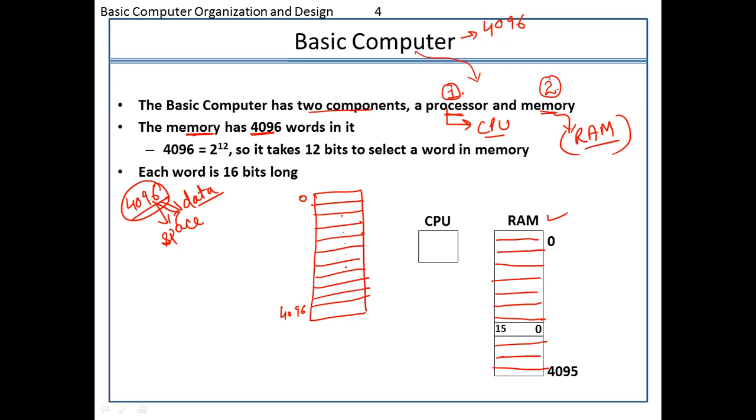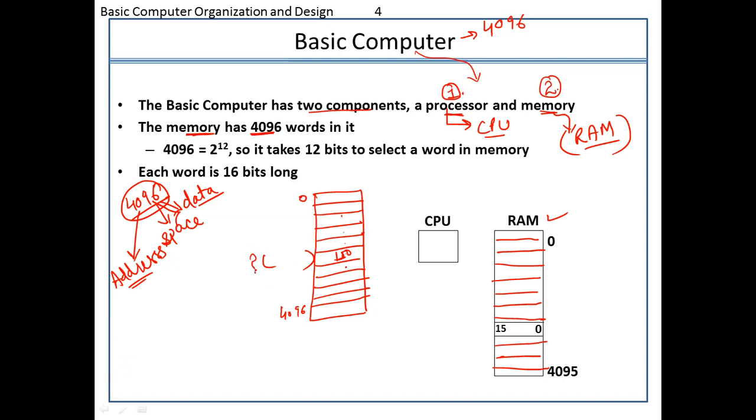When I need to refer to any particular data within the memory, let's suppose this data is present, how do I refer to it? We always refer to that data with the use of addresses, the address of the memory. So definitely this data 100 will be present at a specific address.